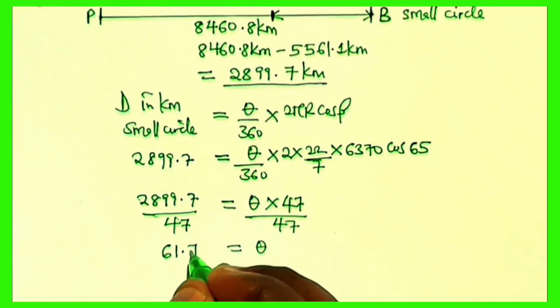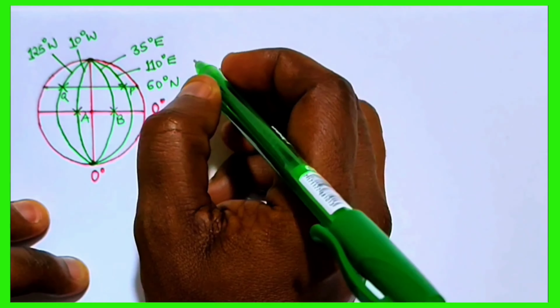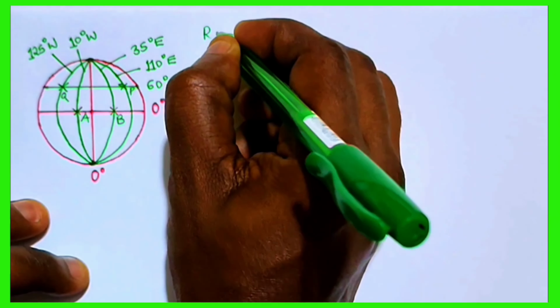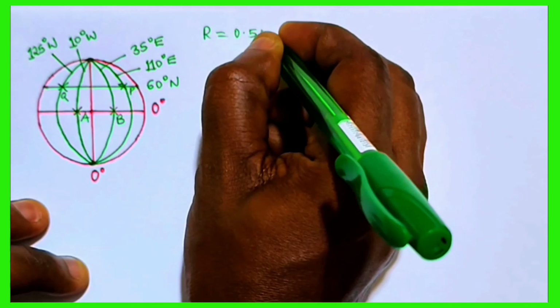So this is where we find point P. Point Q is on a latitude 60 degrees north and then on a longitude 125 degrees west. I captured it wrongly in the question. So this is where we find point Q. And remember, this is like a model of a globe, so we're going to consider the radius that has been given there, so our radius will be equal to 0.5 meters.